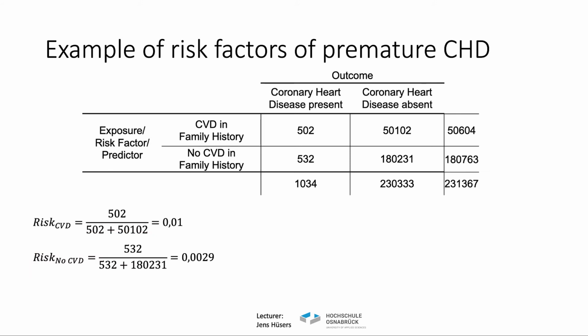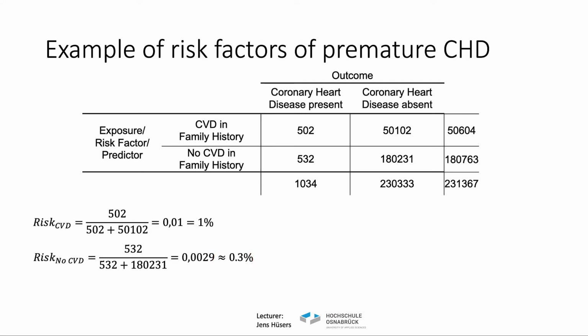First, they carry meaning. For example, we can understand what it means that the CHD risk for exposed people is 0.01, or more intuitively, 1%. The CHD risk for non-exposed individuals is only 0.0029, or about 0.3%.